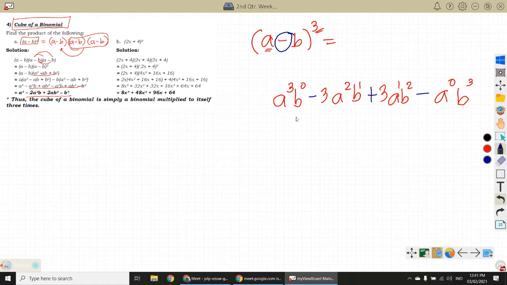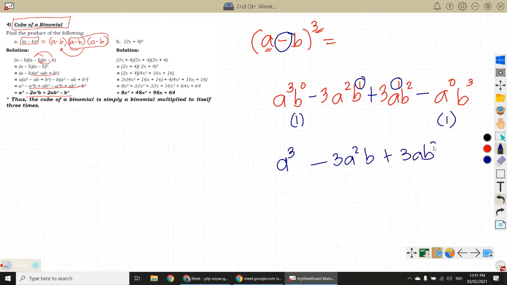So, iayos ko lang yung sagot natin. This b raised to 0 equal yan sa 1. Etong a raised to 0 equal din yan sa 1. So, itong mga naka-raise sa 1, di ko na ilalagay yung 1. That will be a cube. 1 times a cube is a cube. 3a squared b plus 3ab squared minus b cube.